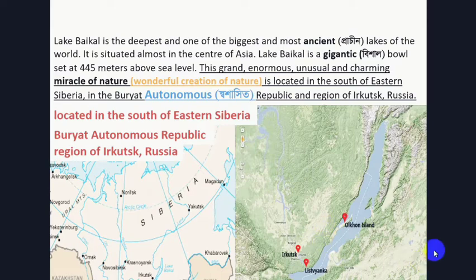Here you see Lake Baikal on the map, and I think you are sure where it is located. And in this line we find a phrase, miracle of nature. The meaning of this phrase is wonderful creation of nature.